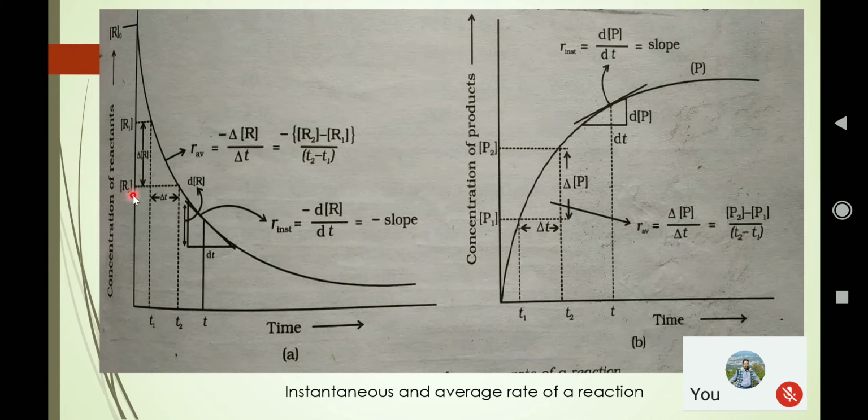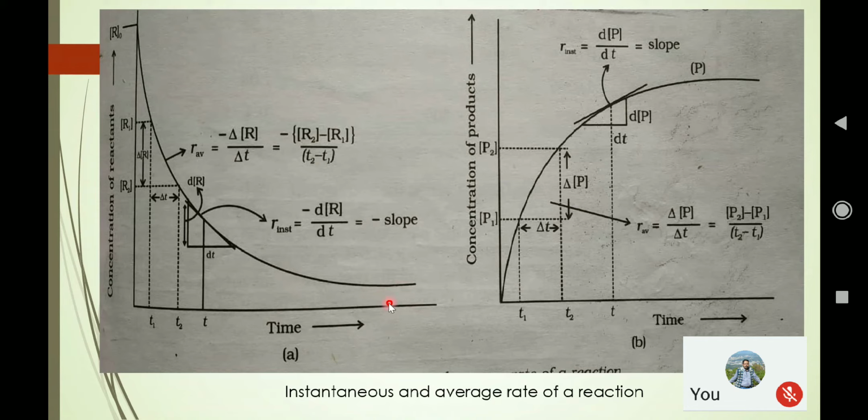Since the concentration of reactant decreases, we can see in the graph that initially at time 0 the concentration of reactant is maximum, and with time it decreases gradually, and this line will never touch the time line. That means it will not cut the x-axis, because at equilibrium the forward and backward reactions become the same.